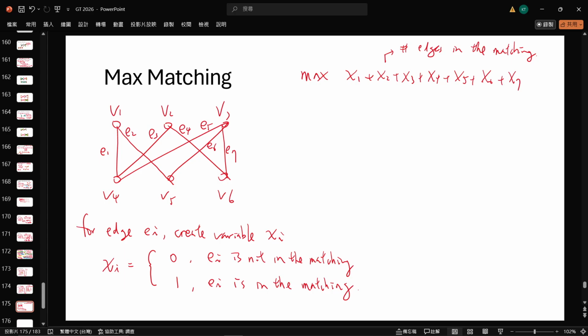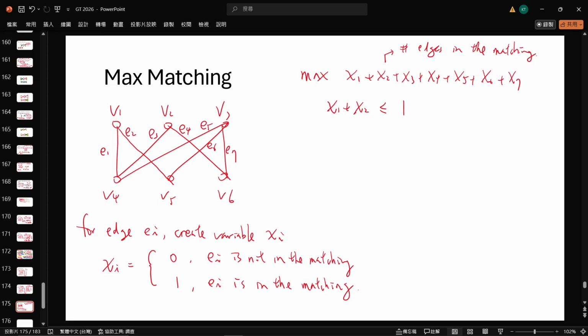So we can create a constraint x1 plus x2 is less or equal to 1. Exactly. So x1 plus x2 is at most 1.